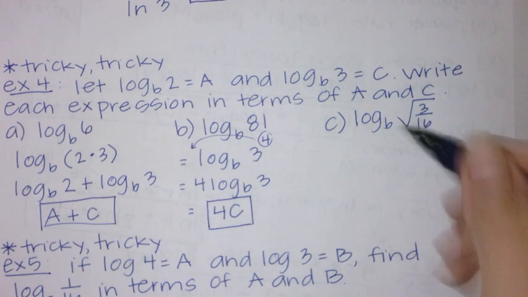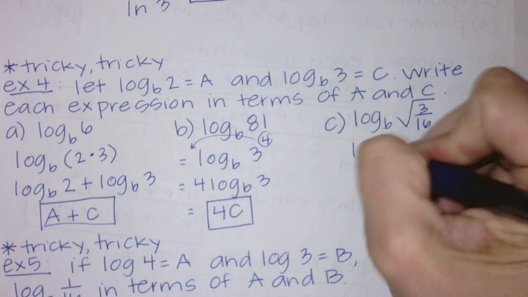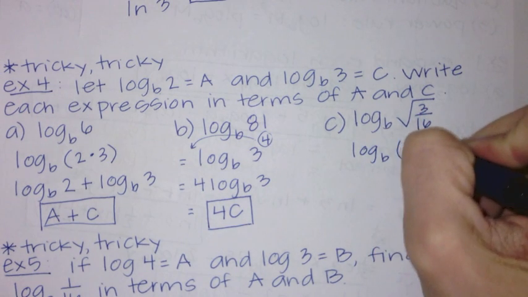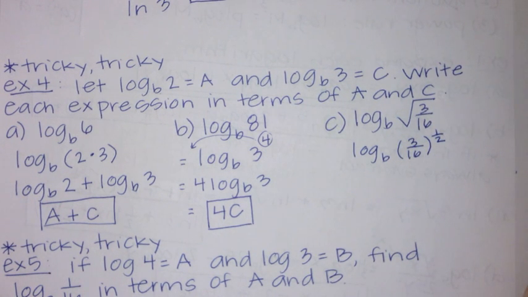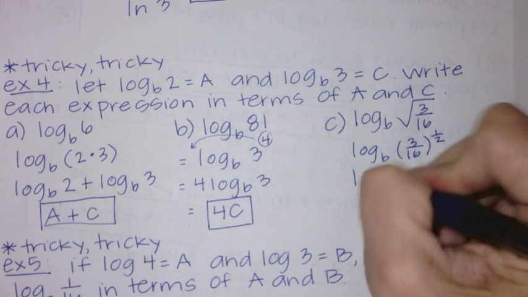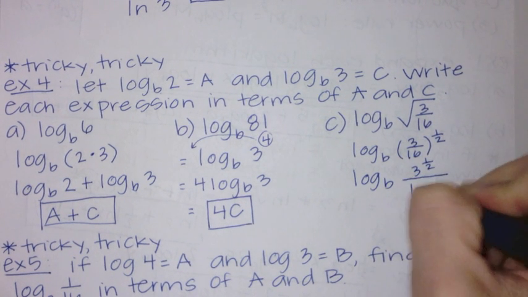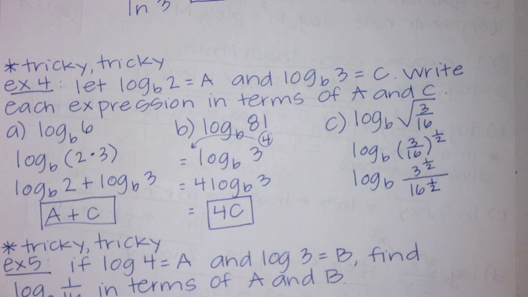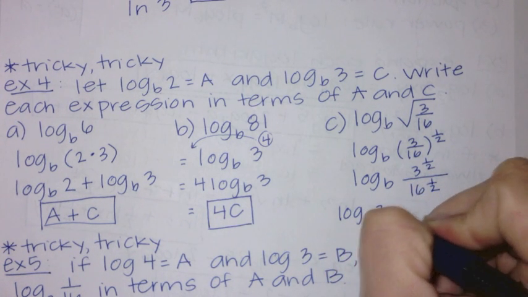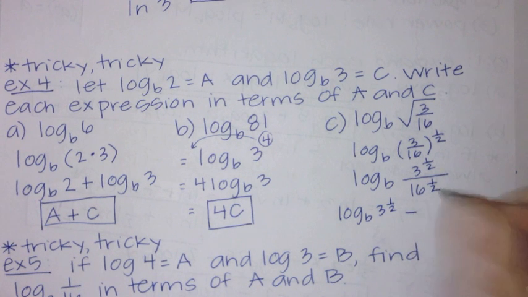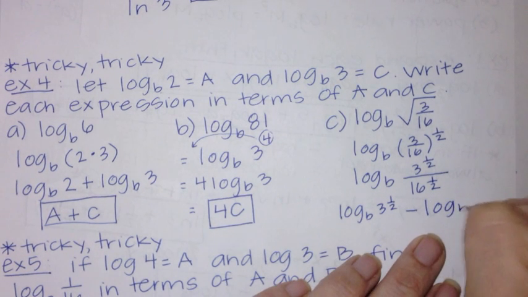This one's probably a little trickier, but we've seen radicals already. So we have log base b of the quantity 3/16 to the 1/2. Okay, distribute that power. So we have 3 to the 1/2 over 16 to the 1/2, which we get log base b of 3 to the 1/2 minus log base b of 16 to the 1/2, which is 4. So log base b of 4.